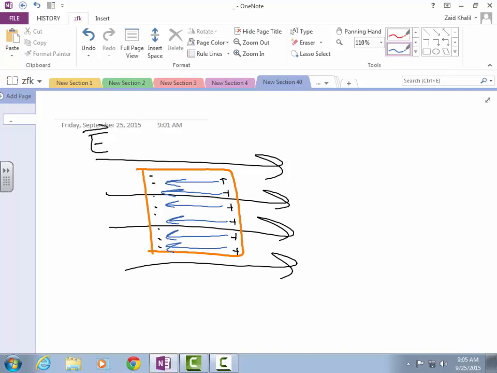This is going to continue drawing electrons until the electric field inside here precisely balances the external electric field, and there's no movement.